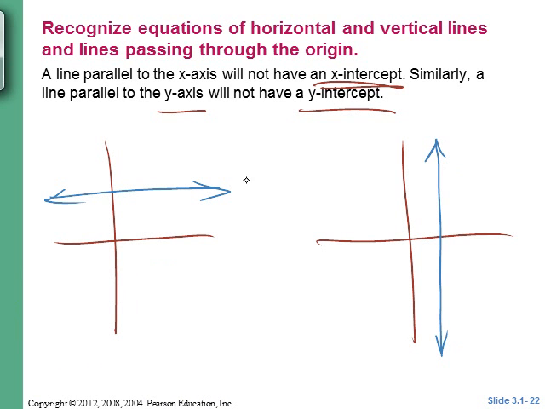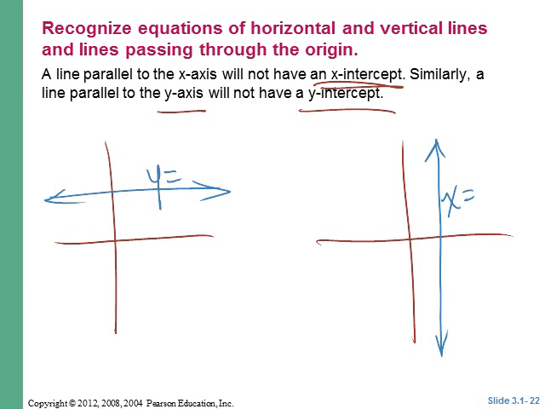In each case, in this equation, y will be some number. In this equation, x will be some number. So a vertical line has the equation x equals some number. In a horizontal line, it has the equation y equals some number.